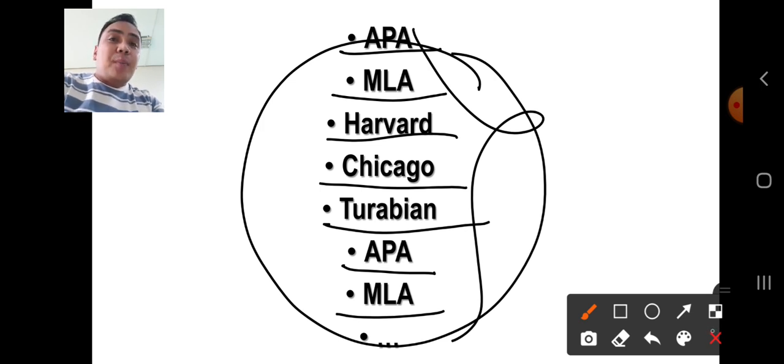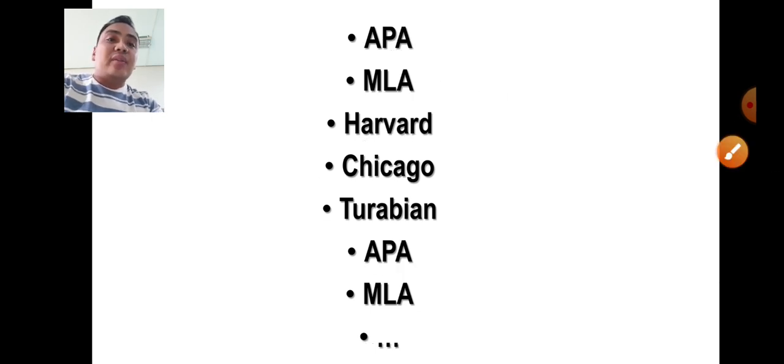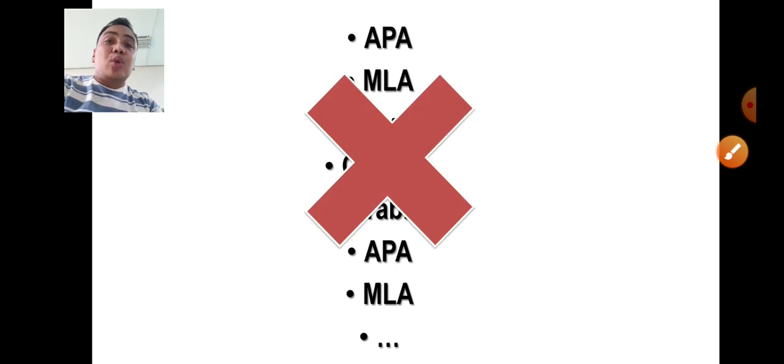Is it appropriate that we will use a wide variety of writing styles in specifying our in-text citation? Note that we have an X mark. This X mark implies that using several writing styles in specifying your in-text citation is considered to be incorrect.